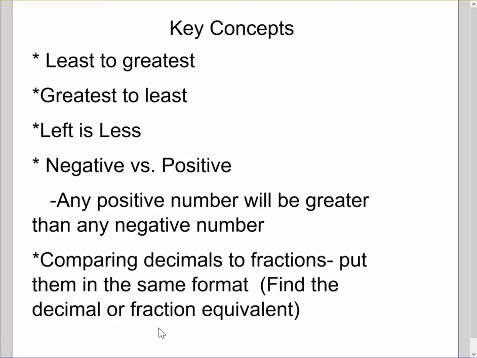One thing I want to talk to you about is the 4th bullet down, negative versus positive. It says any positive number will be greater than any negative number. Even if you have a minuscule positive number, let's say a penny, 1/100th of a dollar, $0.01, you would have more money than if you owed $100,000, because you're technically in debt.